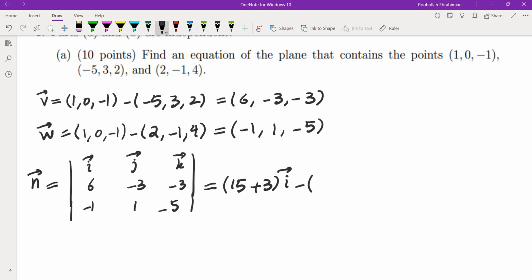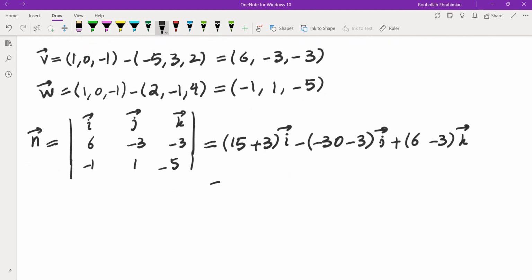Eliminating the second column we get minus (-30 minus 3)j, and eliminating the last column we get (6 minus 3)k. So this is going to be 18i plus 33j plus 3k. So that is a normal vector.